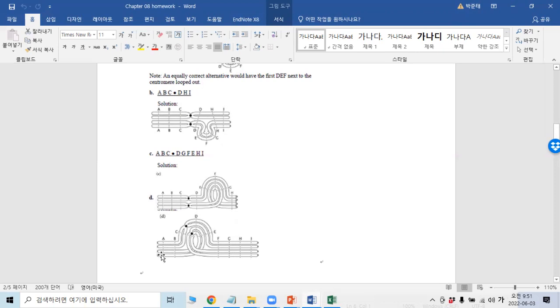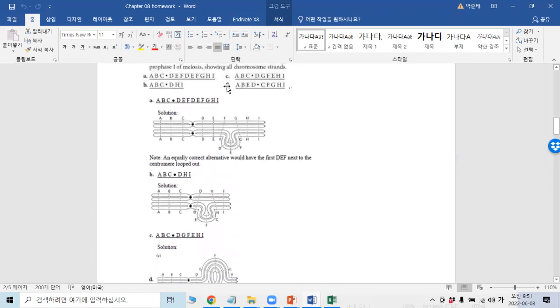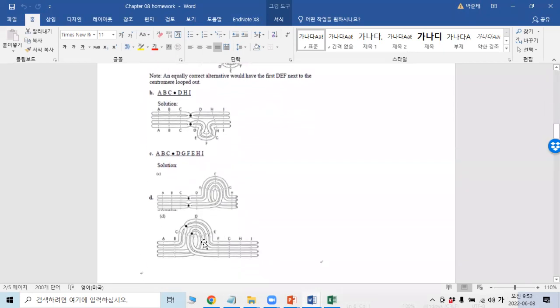So you have to draw this picture. Because the D is already complicated, they are pericentric. You have to draw the picture like this. Very important.